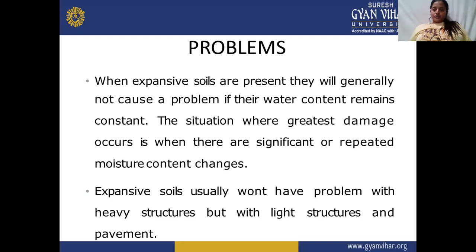The situation where the greatest damage occurs is when there are significant and repeated moisture content changes, because as we know, initially when water comes in and is absorbed, it causes expansion, and after evaporation the soil maintains its structure, and if rewatering takes place it is bound to collapse, so large volume change can be seen. And if this process keeps going in a cycle, it can majorly affect the structure of the building. It can directly exert pressure on the foundation of the building.